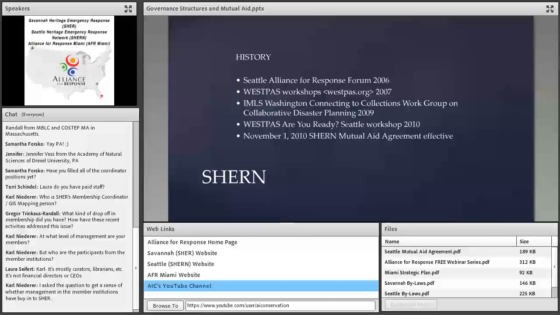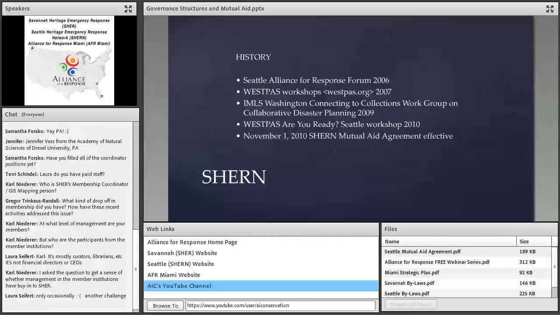The third thing listed here, the IMLS Washington Connecting to Collections Work Group on Collaborative Disaster Planning. That was in 2009, and that group developed a model mutual aid agreement, a model mission statement for collaborative disaster response networks, and a sample list of shared supplies. So SHRN adapted these documents for its use.